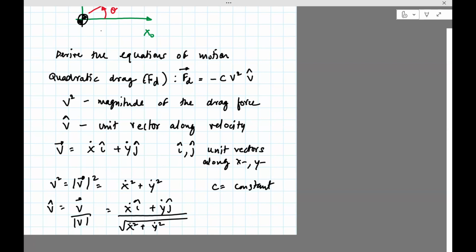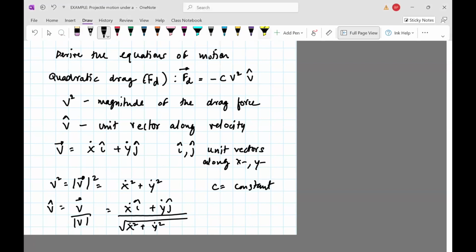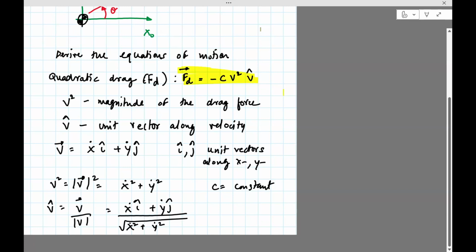So we can now take this expression. This expression seems to have been lost, so I'll highlight it. We need to write an expression for Fd because we need that. Now that we know what c is, v square is here, and we know what the unit vector is, we can write a formula for Fd.